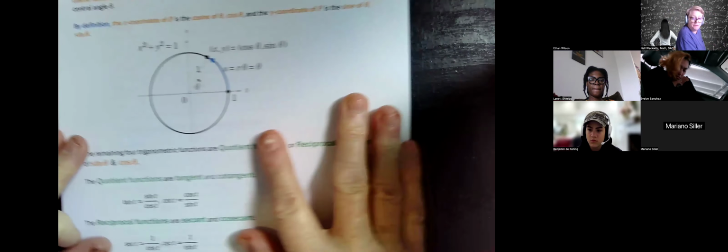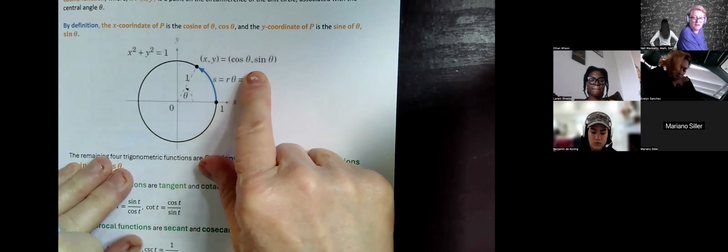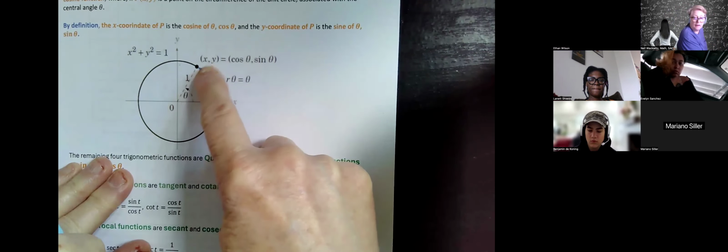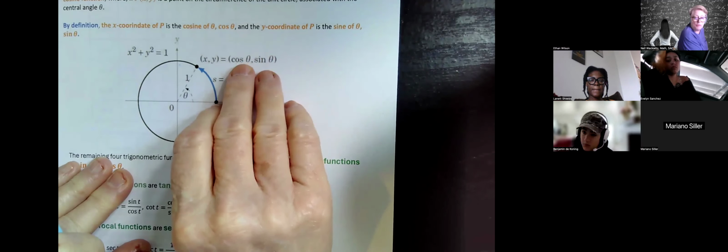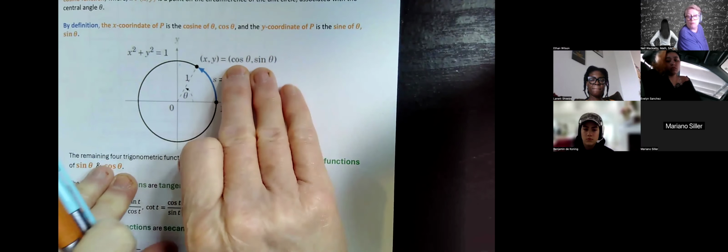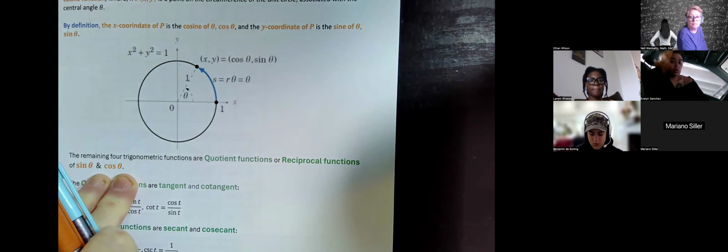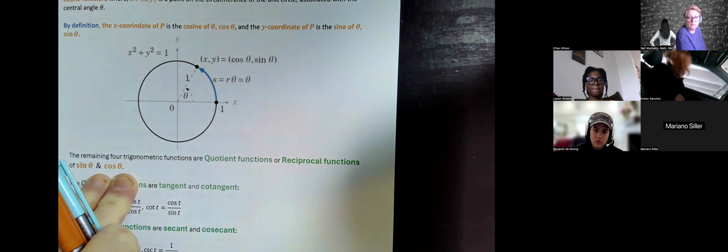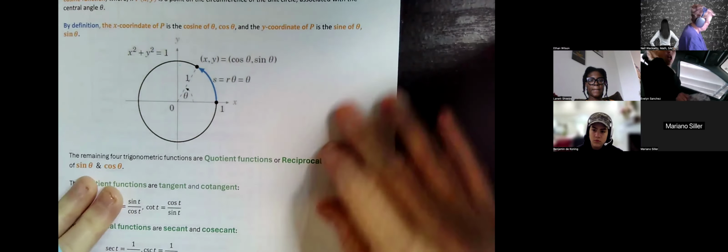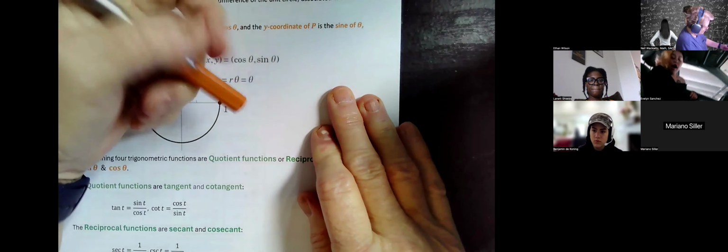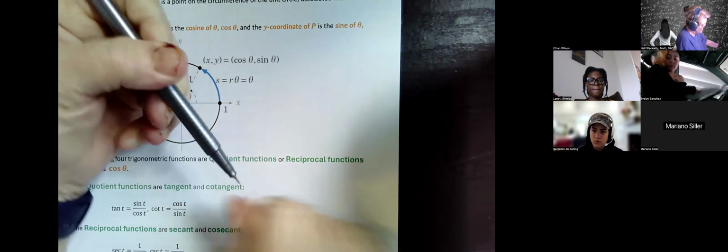So what we're going to do now is take X and Y and see how we can connect it with what we know about cosine and sine. So let's draw a triangle.